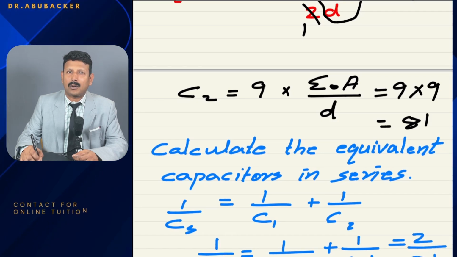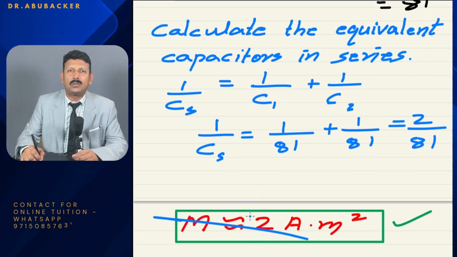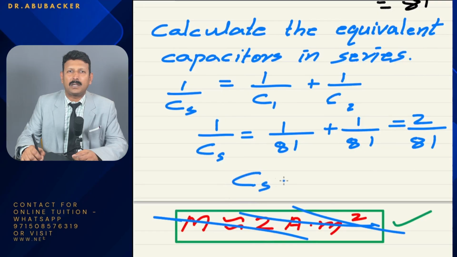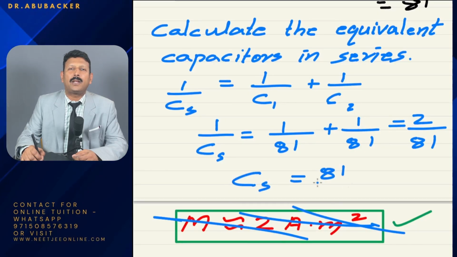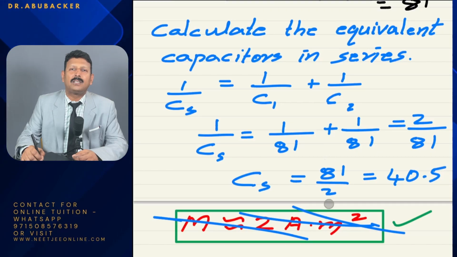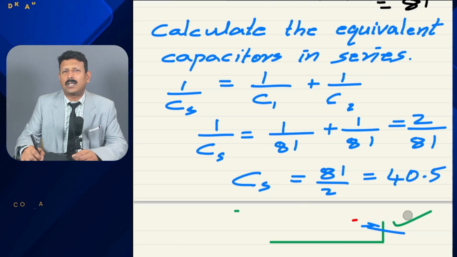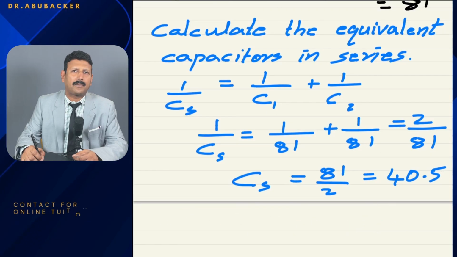Taking the reciprocal, Cs is equal to 81 by 2, that is 40.5. The answer is 40.5, in the same unit as given, picofarad.